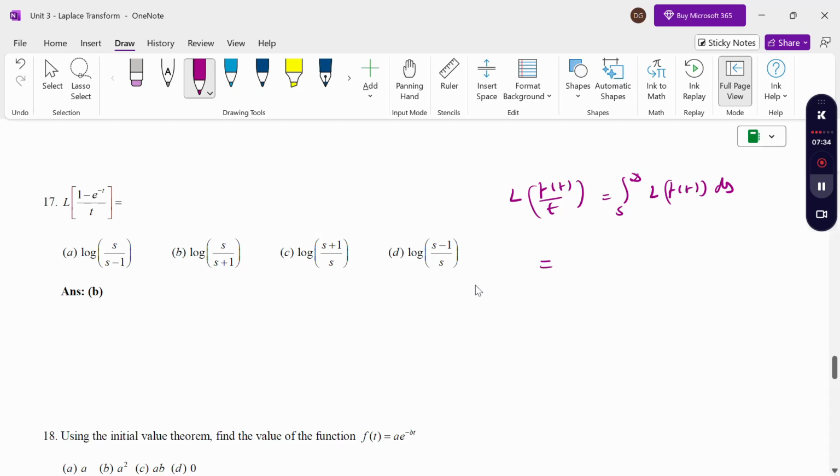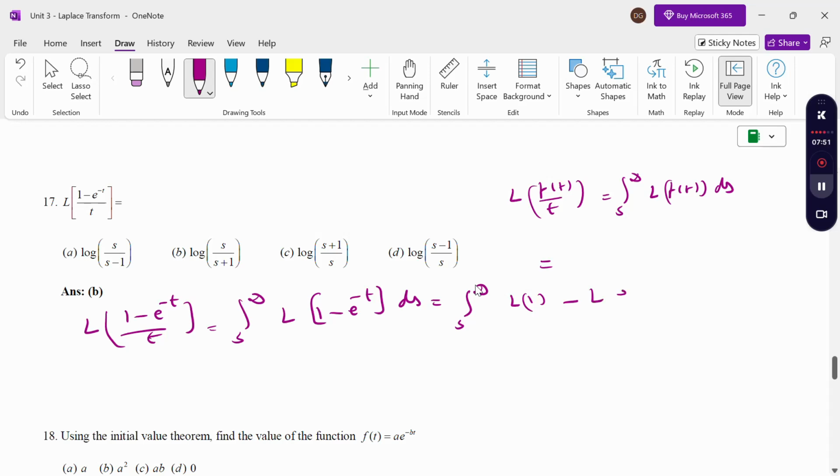Then L of f of t by t is the integral from s to infinity of L of f of t ds. Therefore L of 1 minus e power minus t by t is the integral from s to infinity of L of 1 minus e power minus t ds, which is the integral of L of 1, that is 1 by s, minus L of e power minus t, that is 1 by s plus 1, ds.